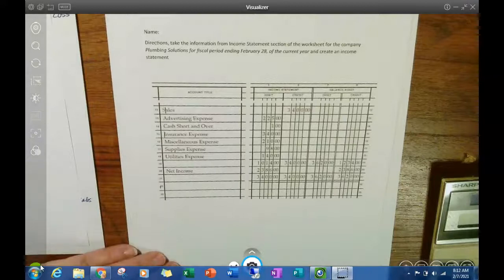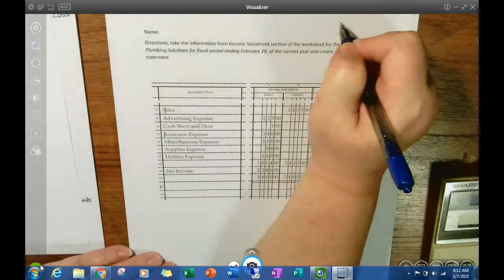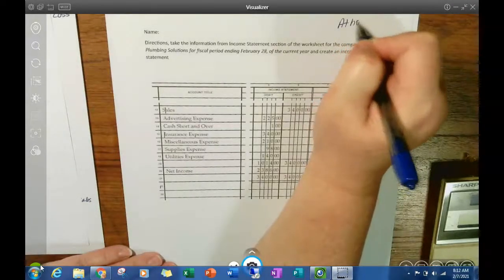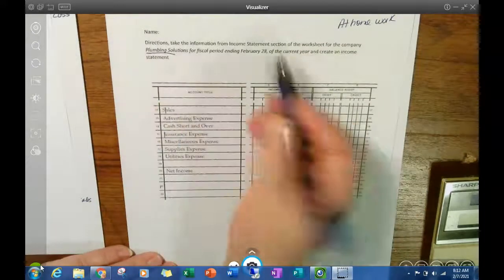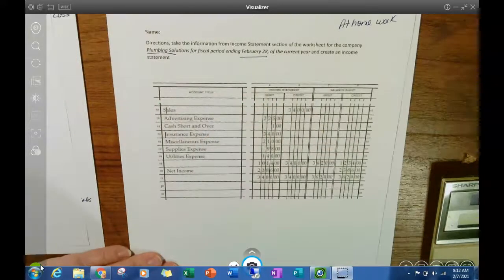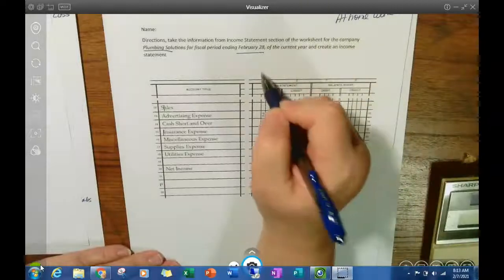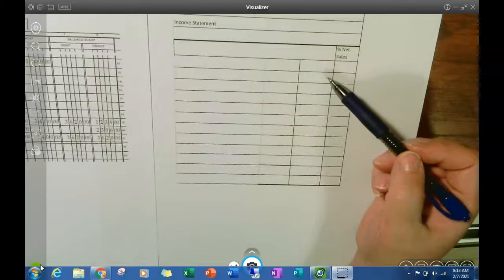When you go to do the next one, the income statement, which is the at-home work, you're going to do it for Plumbing Solutions, and we're doing it for February 28th of the current year. Here is your income statement section of the worksheet. Here is the income statement that you are going to create, and then don't forget to put your vertical analysis. Please see me if you have any questions.